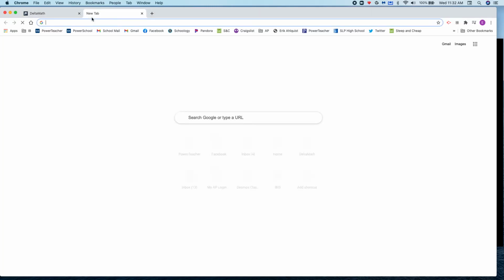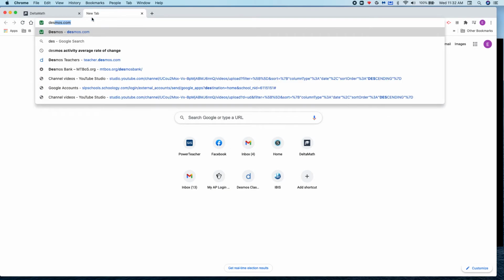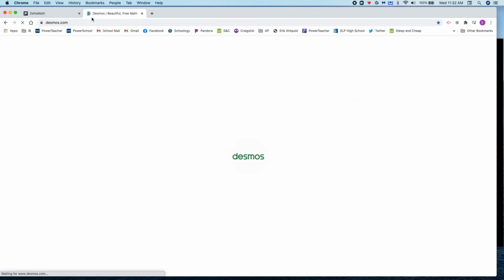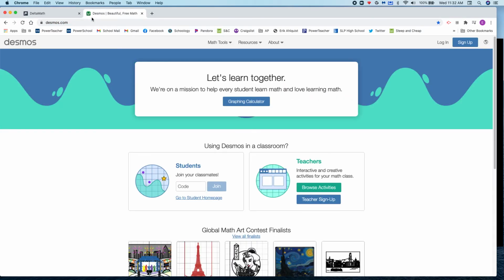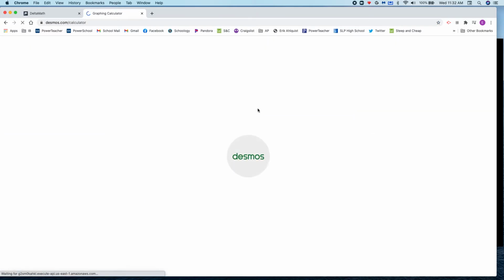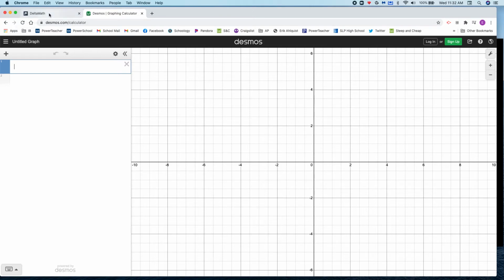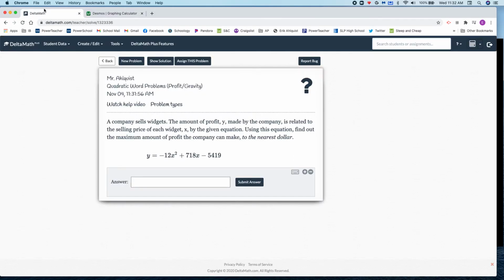So what I'm going to do is I'm going to go to Desmos. And I'm just going to go to a graphing calculator, and I'm just going to type this equation in. I'm going to type y equals, and then I'm going to go back here and figure out what it is. Negative 12x squared.